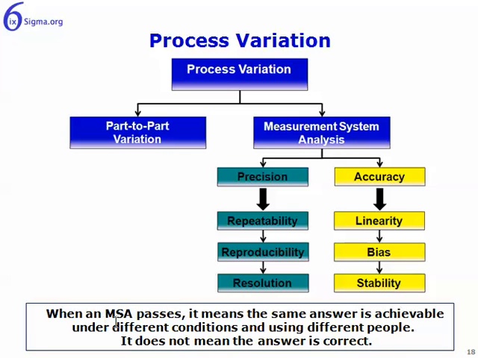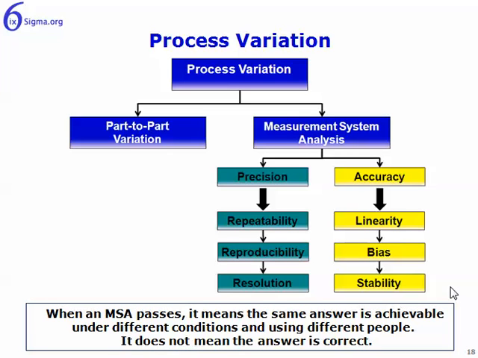However, when we do get an MSA to pass, just know that it means we can get the same answer under different conditions using different people, right? So I've accomplished repeatability, I've accomplished reproducibility, but it doesn't mean that the answer is correct. And of course, what this statement is alluding to is that it assumes the gauge has been adequately calibrated, and that may not be true.